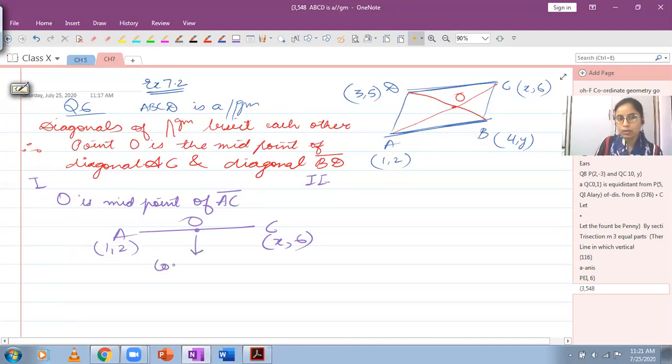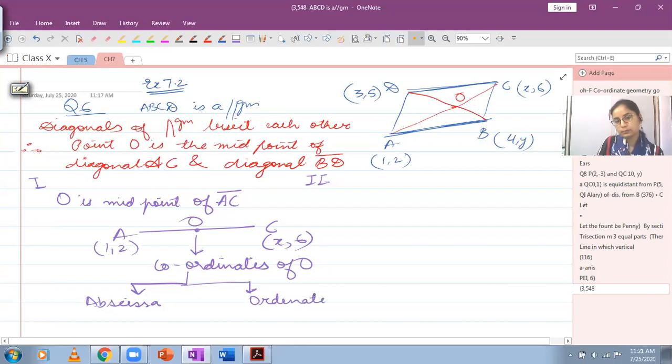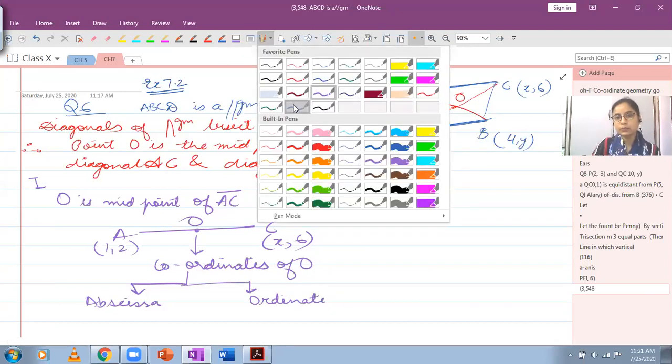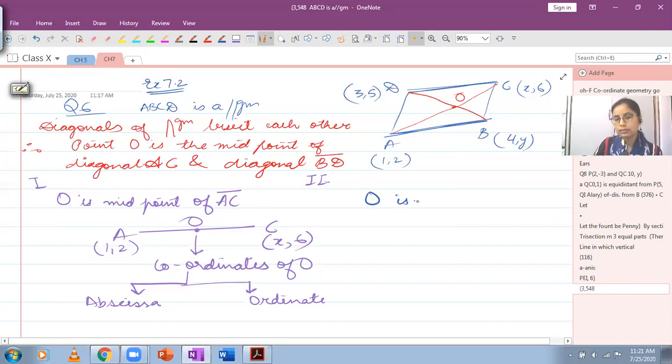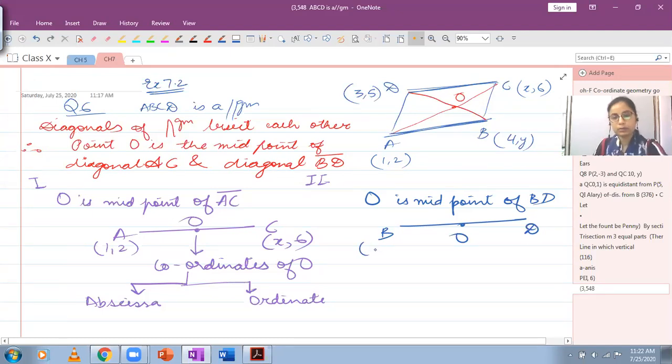Let's find out the coordinates of O. And consider the second case as well, where O is midpoint of the second diagonal. So the coordinates of B are 4, y and the coordinates of D are 3, y. I want you to find out the coordinates of O.